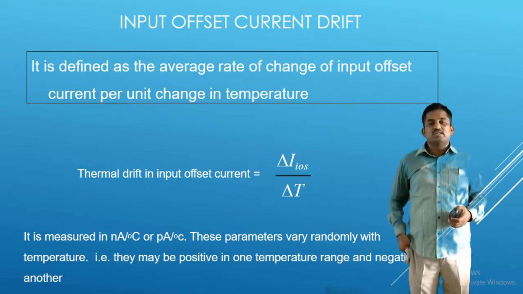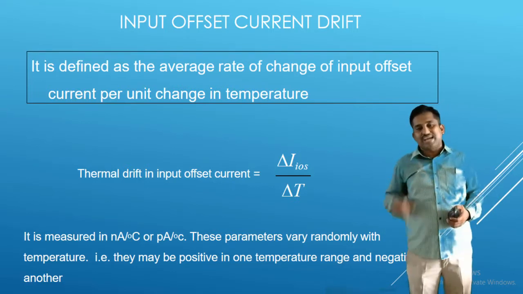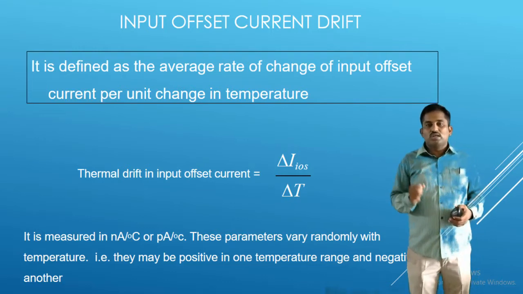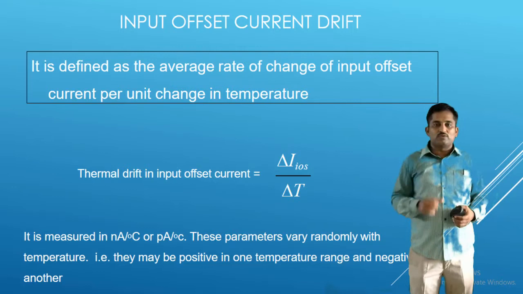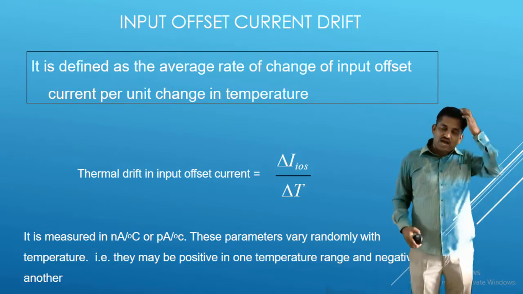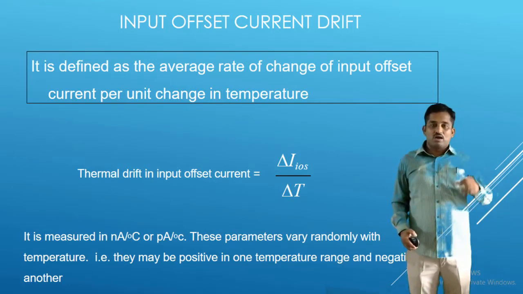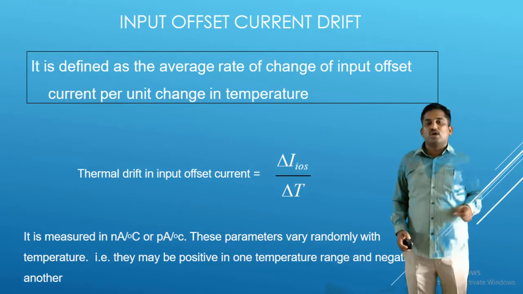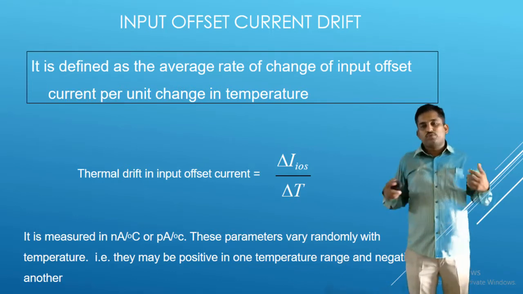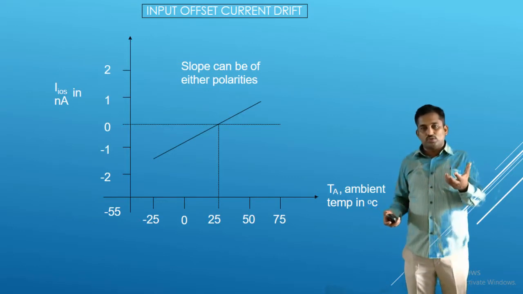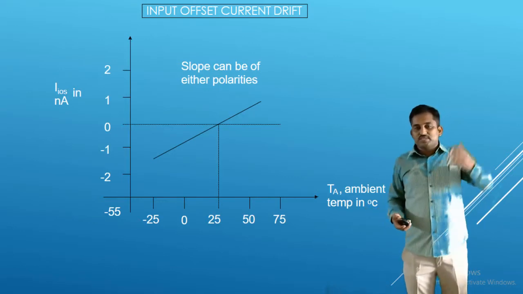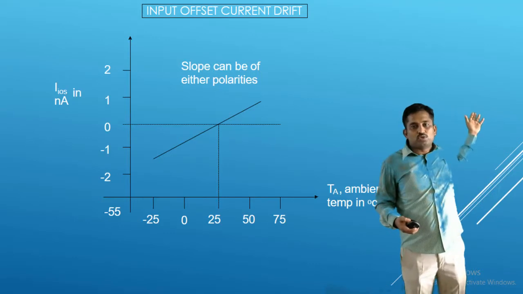Then next I am going to explain input offset current drift, which is nothing but the ratio of rate of change of input offset current with respect to rate of change of temperature, also known as average offset current drift. If we look at the graph of the input offset current drift, it will be similar to the input offset voltage drift.